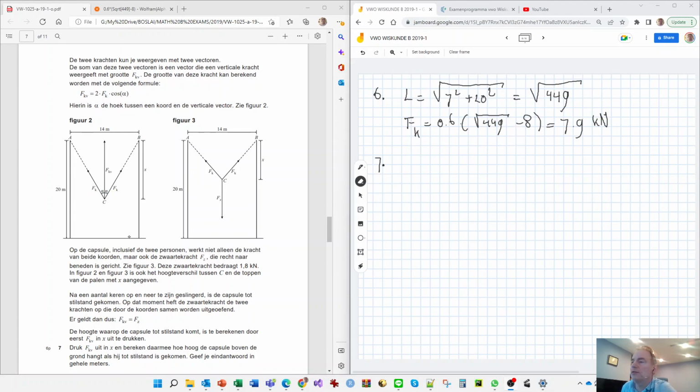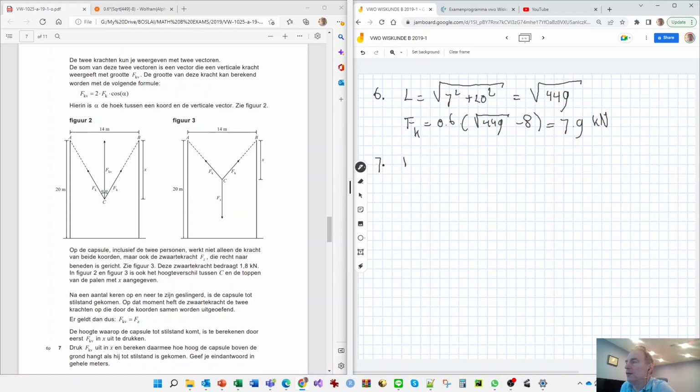So, well, let's just find what is Fkv as function of x. So let's find F as function of x, and we do this in the same way as we did for the situation where it was completely at the bottom.